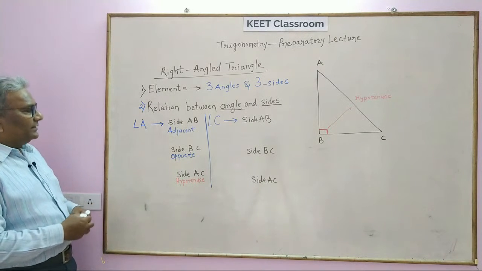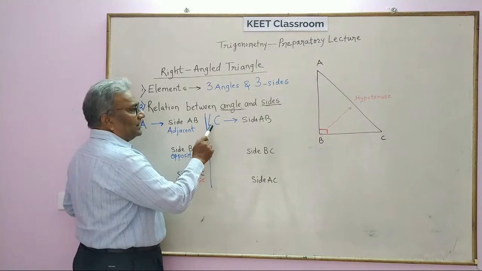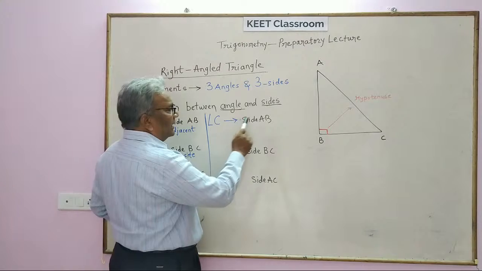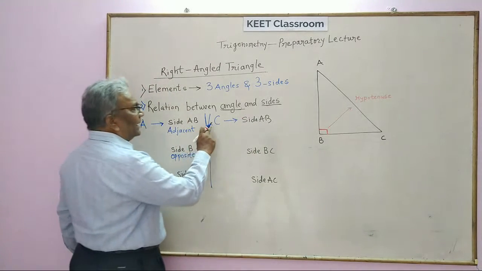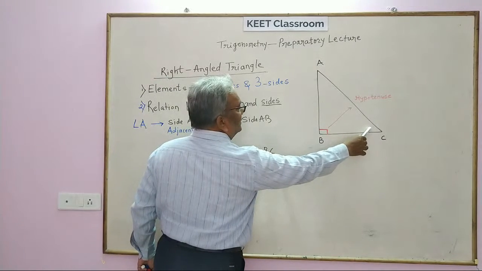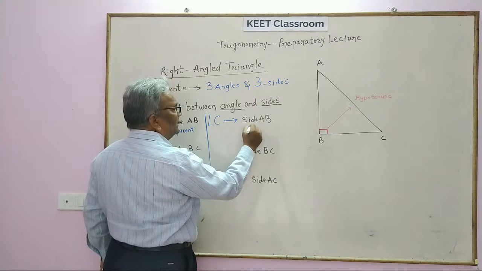In the same way, we will try to study the relation between angle C and the three sides. So here again angle C, here it is side AB, it is the opposite relation.